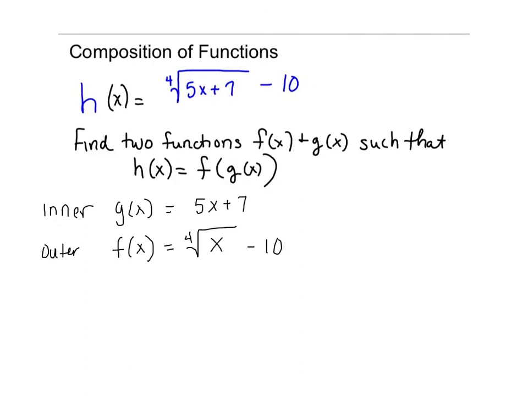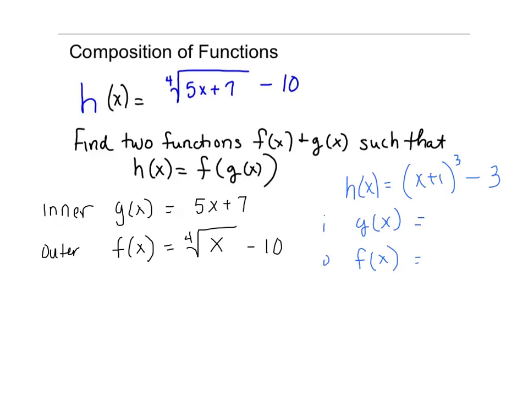If you had another example, like say for instance, h of x was equal to the quantity x plus 1 cubed minus 3, and you wanted to put them in two functions such that the outer is f and the inner is g. So I'm going to write the inner first and then the outer.